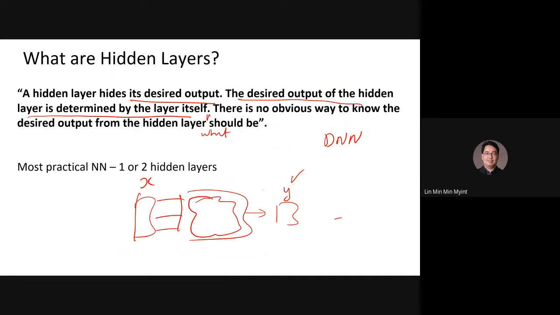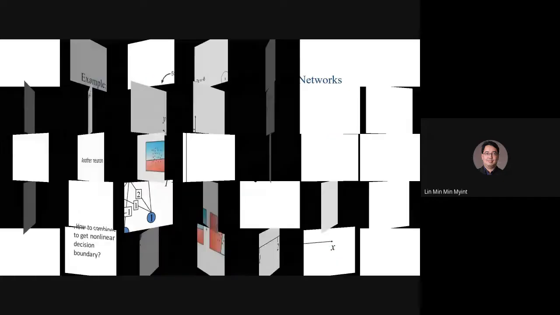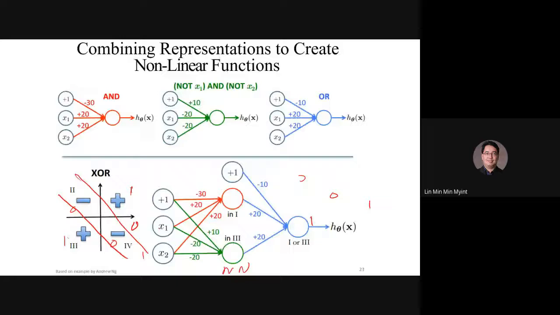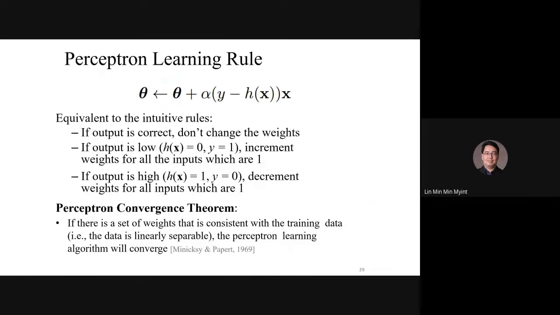So finding that suitable value of the weight, we call learning or training. For one perceptron, we use a lot of terms. A perceptron actually means one neuron, or just one unit. It's this one.